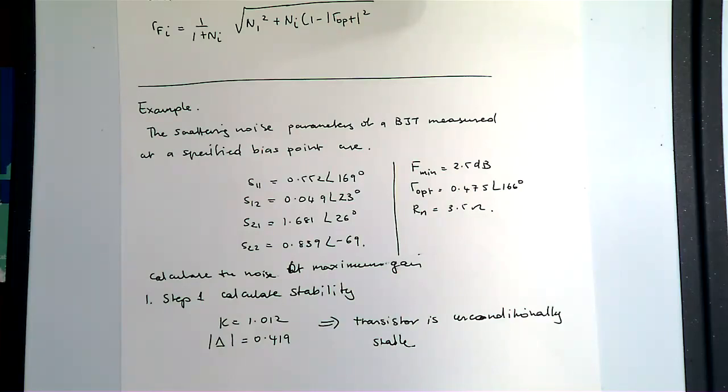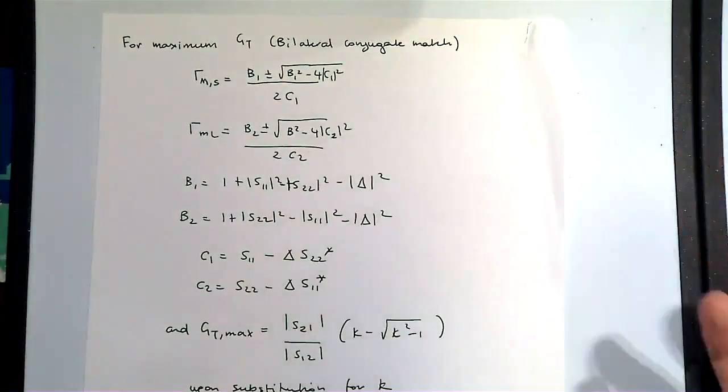But we know something else here. We know that the system is unconditionally stable, and as a consequence of it being unconditionally stable, it means that we can do what? In terms of matching. It means that we can do a bilateral conjugate match, right?